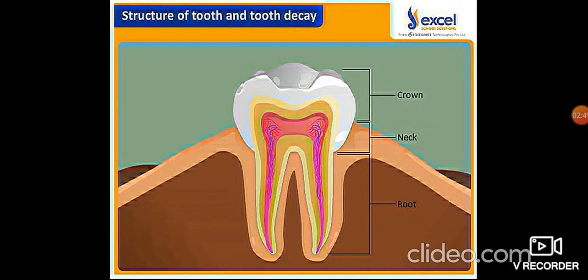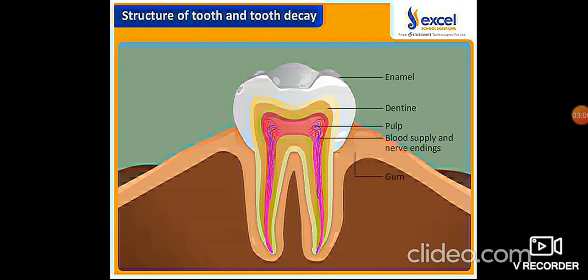These are also further divided into different parts. The crown is the upper part, the portion of the tooth which is visible to us above the gum. First is enamel.